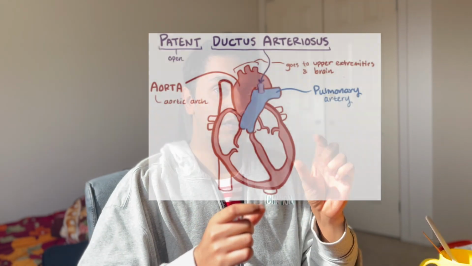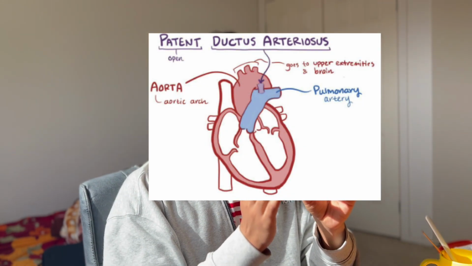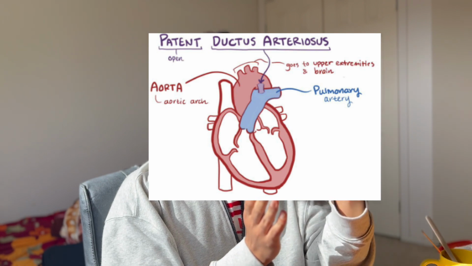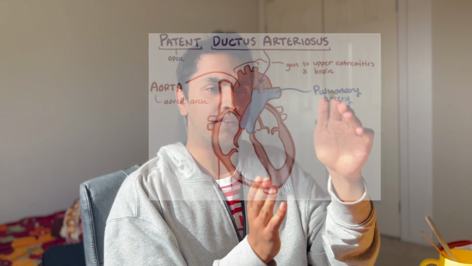So what that means is that, as I said before, the ductus arteriosus is between the pulmonary trunk and the aorta, and it links both of those together when the fetus is in the womb. It causes a shunt from the pulmonary side of the circulation to the aortic side because the lungs aren't fully developed. They're filled with fluid. You don't want blood going in there.